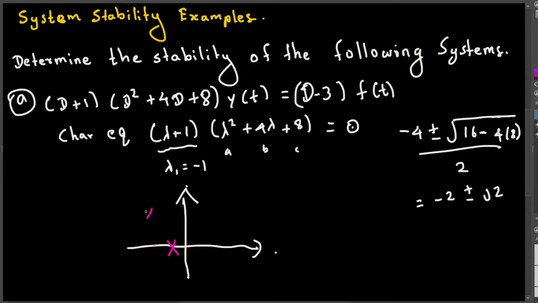So let's say this is positive 2 and this one is negative 2. We have these roots. But one thing is, all of the roots are in the left half plane.